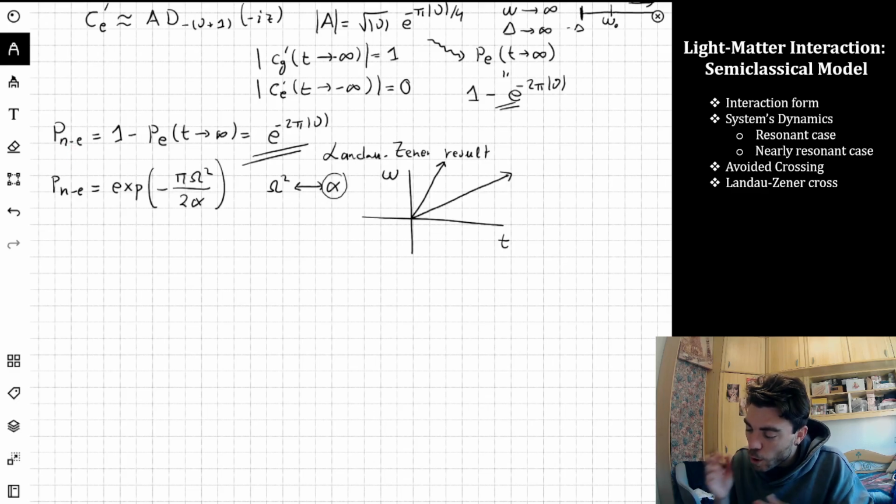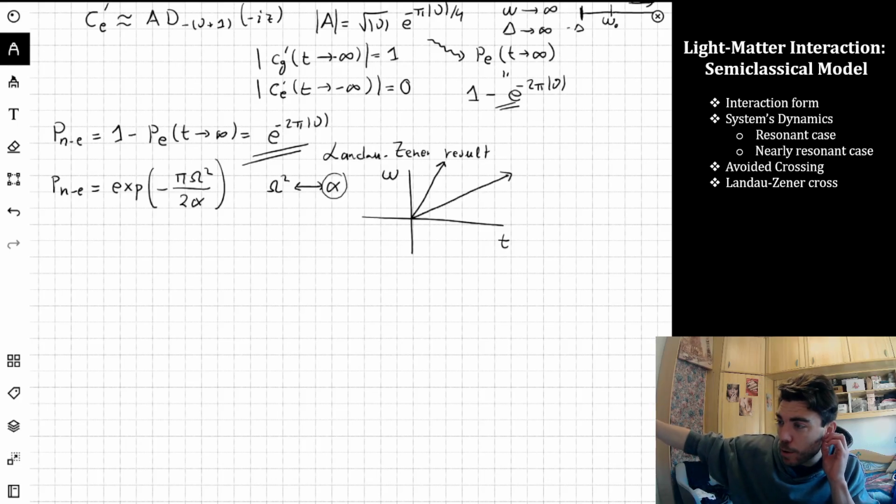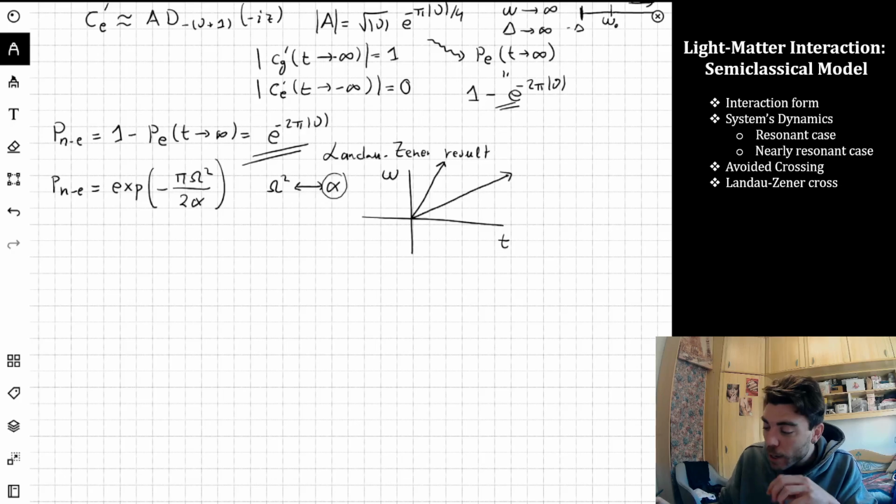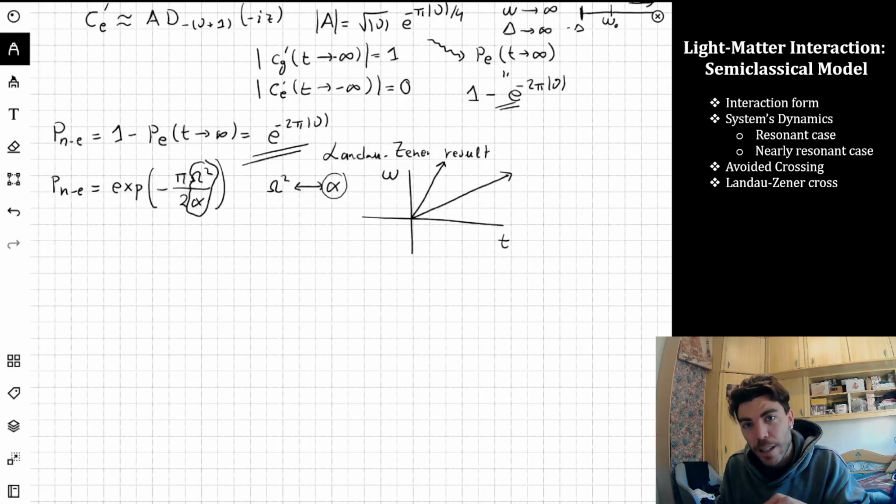So if you go very fast changing the frequency, in the limit of time goes to infinity, you don't arrive to the excited state. You go back to the ground state. While if you go very slowly, then this alpha is small. If the coupling is also big, which also helps you, because again you have to compare omega with alpha, then you can actually make the transition and do the Landau-Zener crossing.